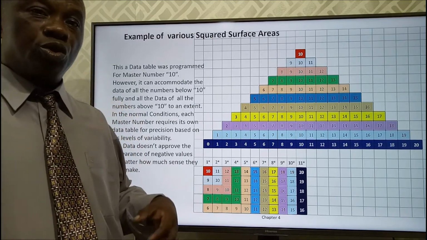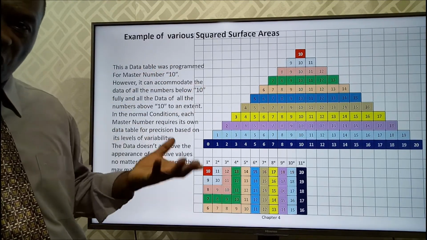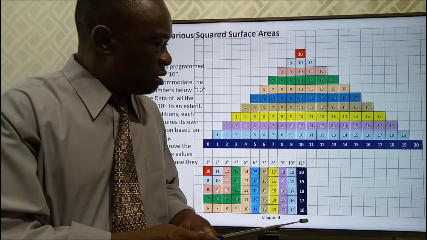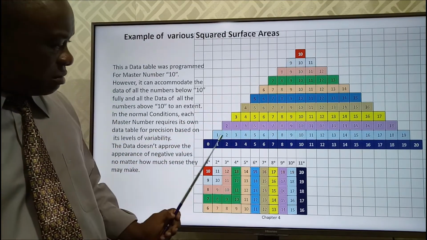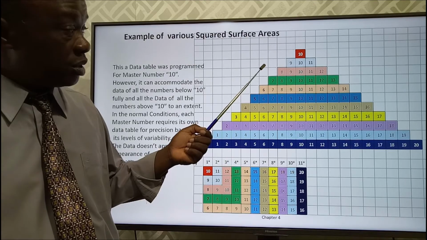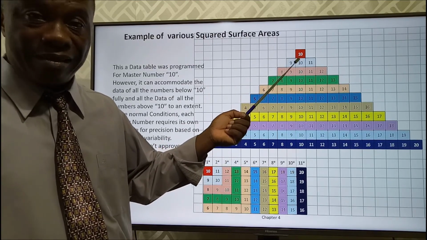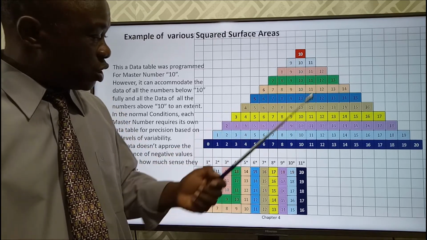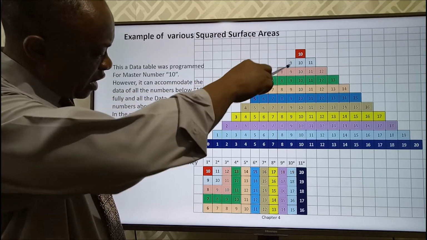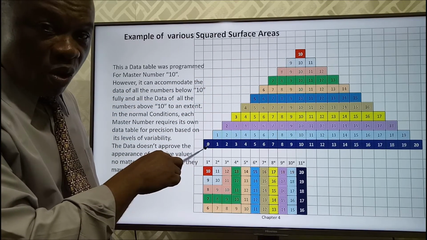Now I want to show you how we can get data of different numbers. Here I made this in Excel. It's very well programmed. So it is programmed for number 10. As you see, when you start 10, you have here 0.